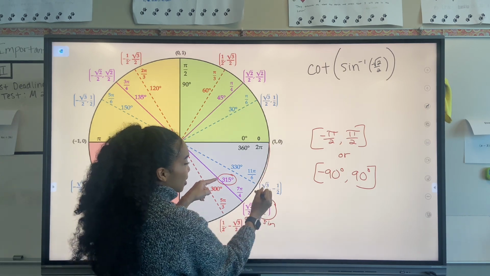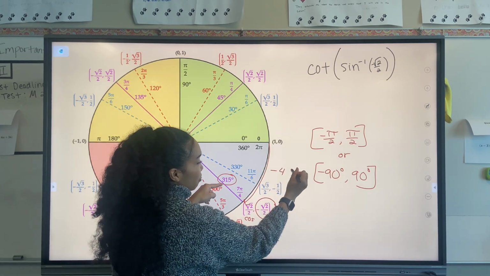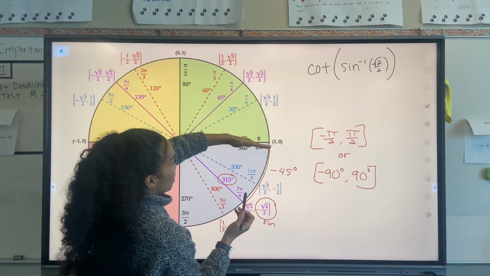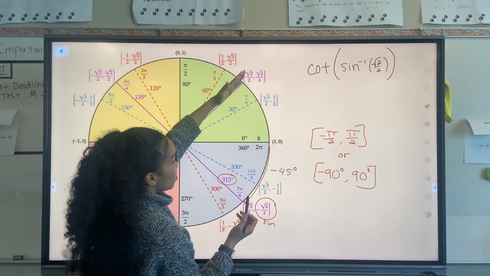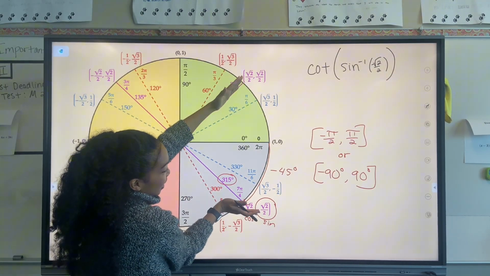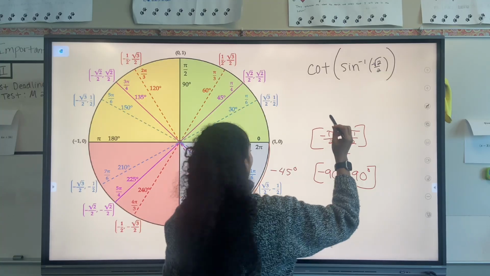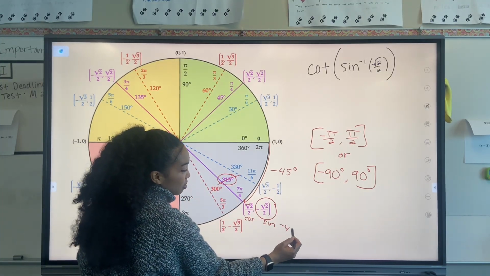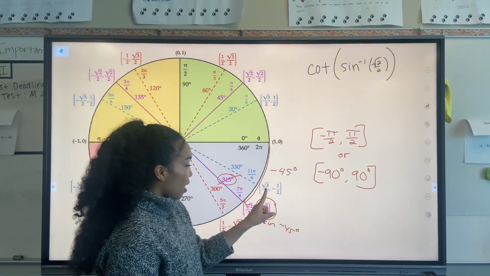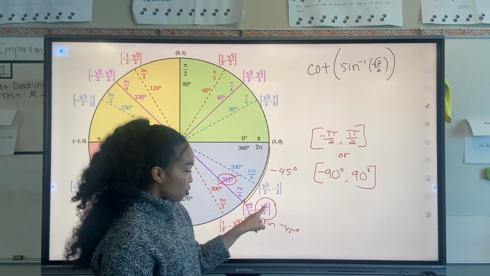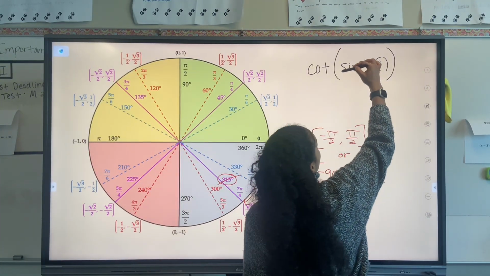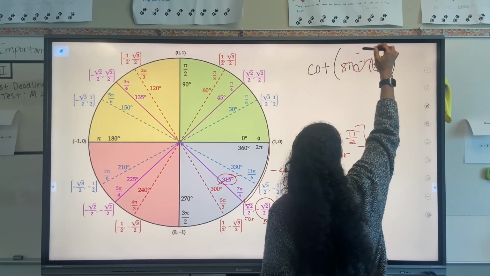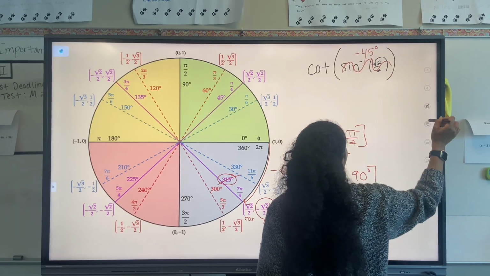From here to here is actually negative 45 degrees, just like from here to here is positive 45 degrees. So I'm going to say negative 45 degrees. That is where sine is equal to negative square root of 2 over 2.